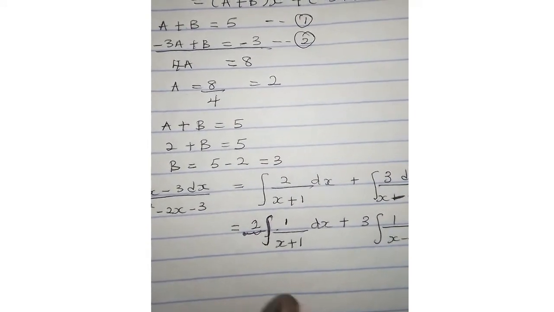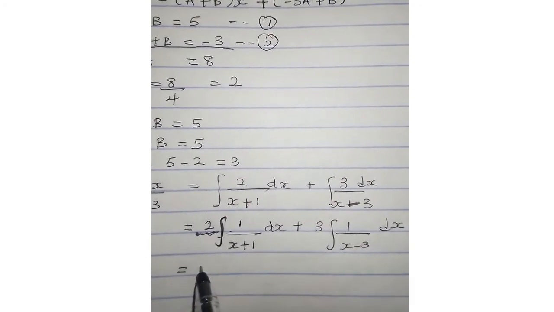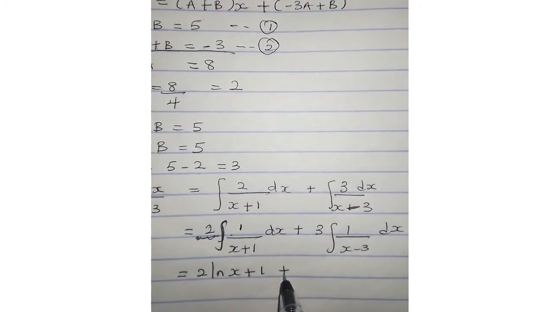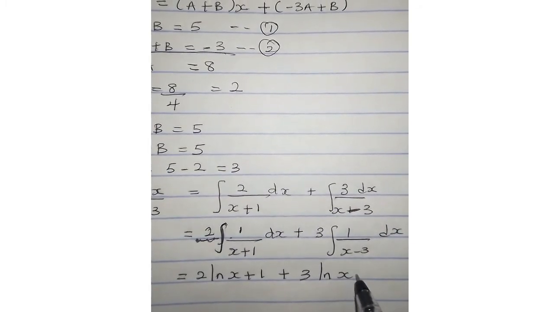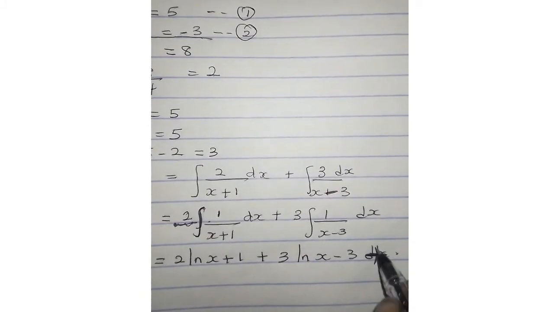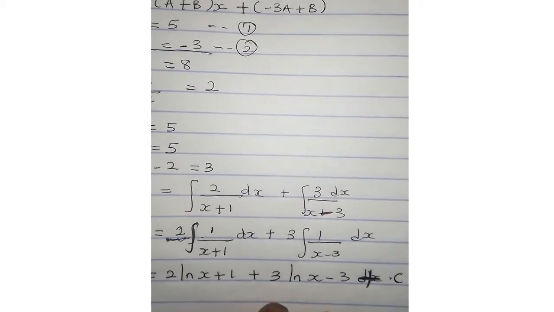And remembering our rule, this is going to give us 2 ln of (x plus 1) plus 3 ln of (x minus 3), plus c. So this is our answer.